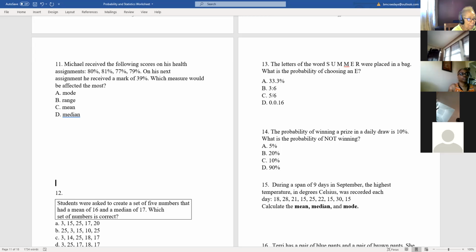Now, how do you find the mean, Michelle? How would you find the mean of these scores?